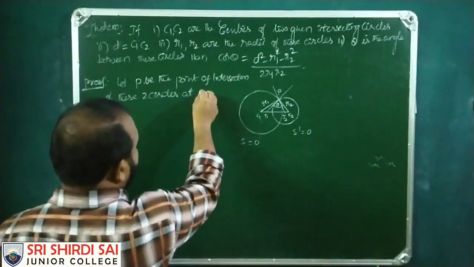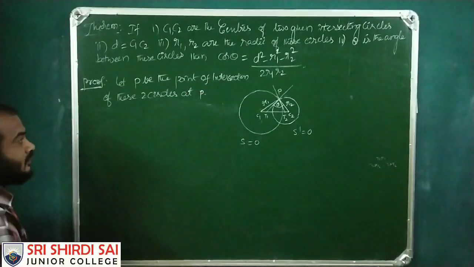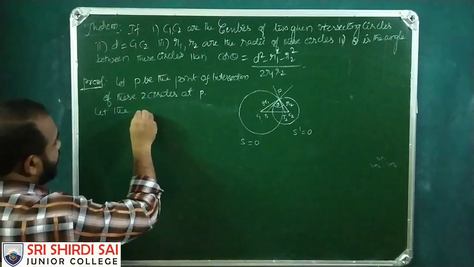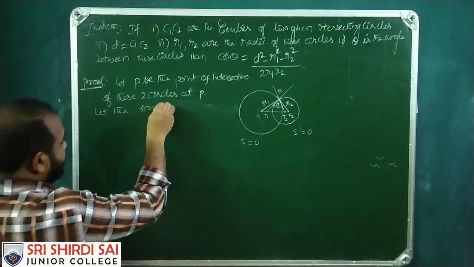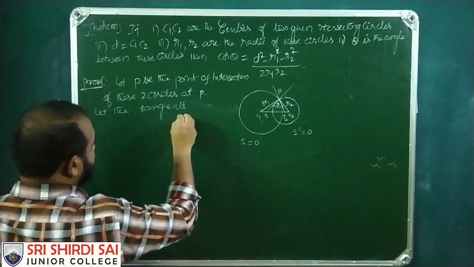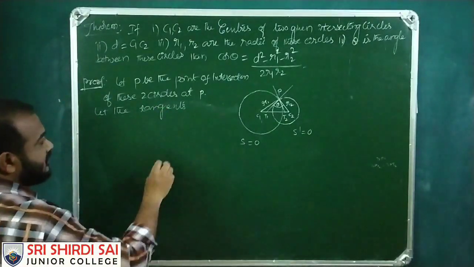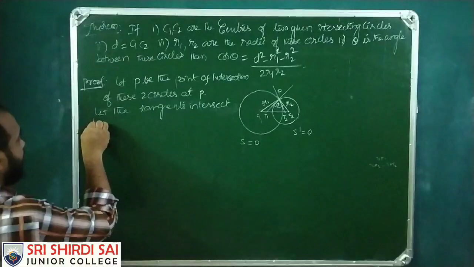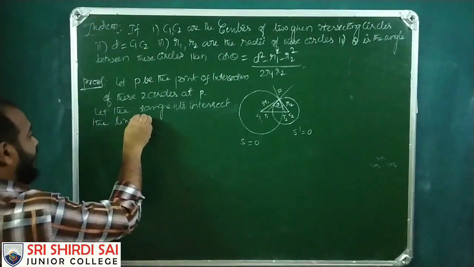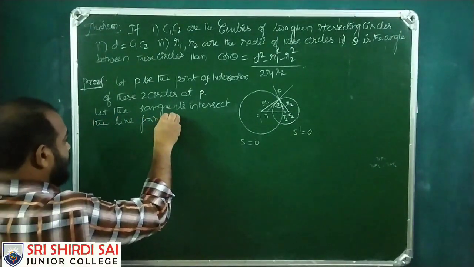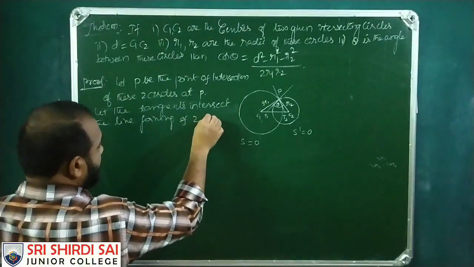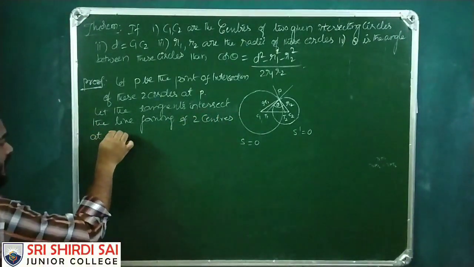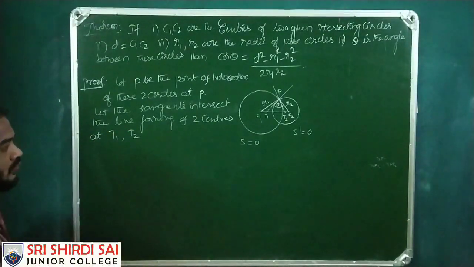Let the tangents drawn at P intersect the line joining the two centers at T1, T2.